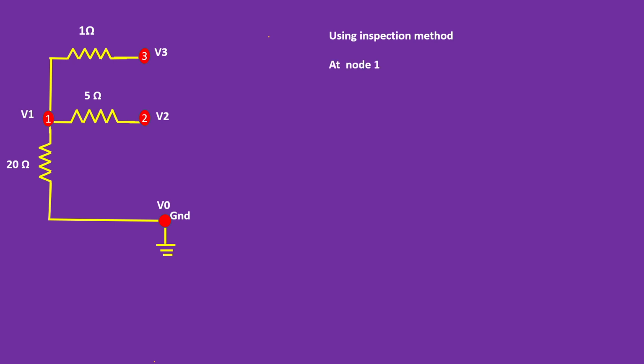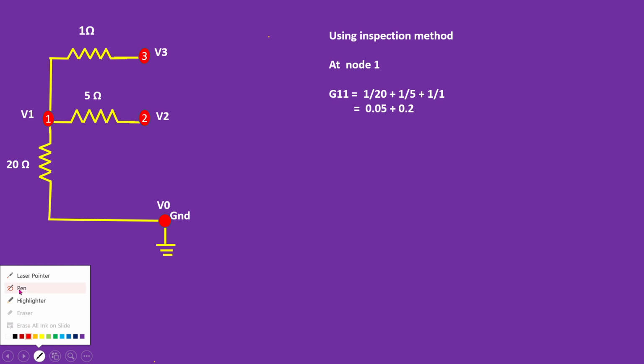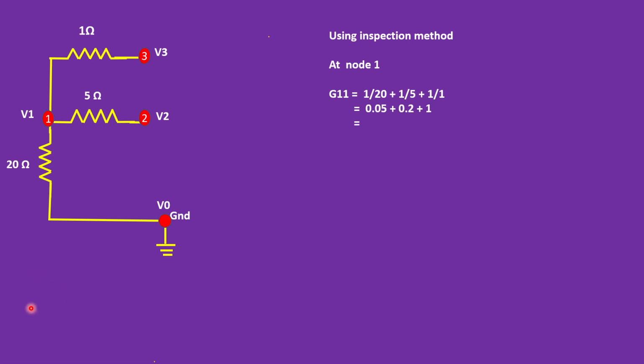For the first node, we calculate G11 as 1/20, which is the conductance between the ground and the first node, plus 1/5, which is the conductance between the first node and the second node, plus 1/1, the conductance between the first node and the third node. So it is equal to 0.05 plus 0.2 plus 1, which is equal to 1.25.